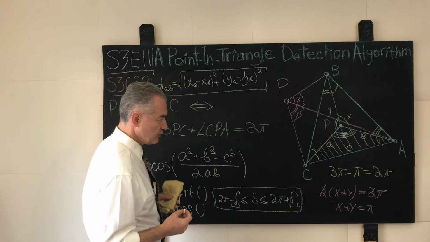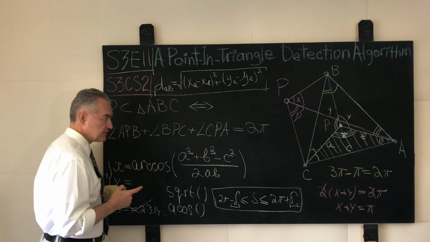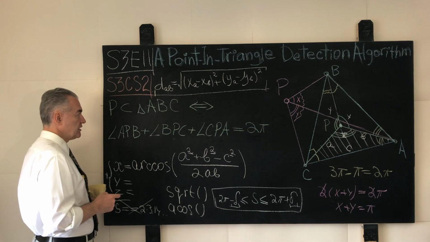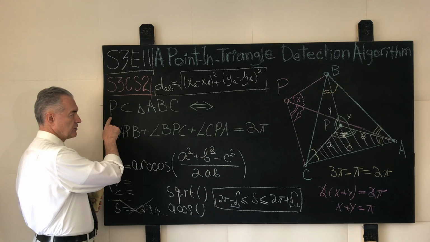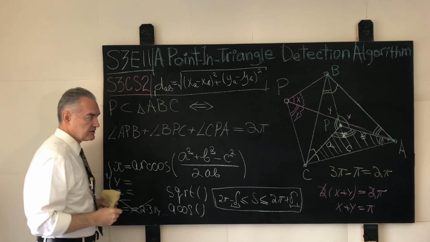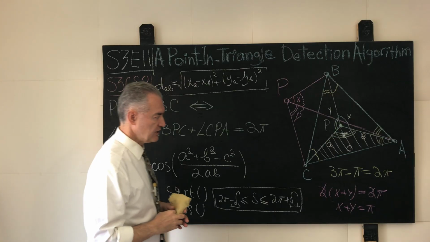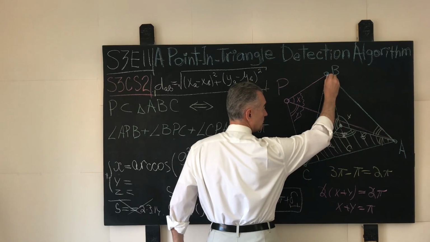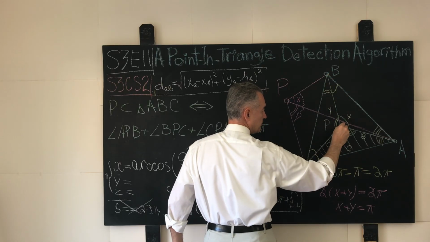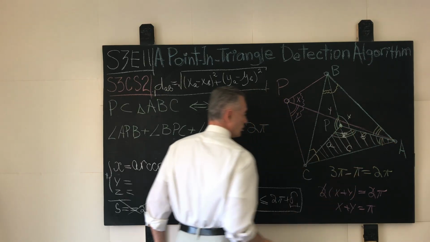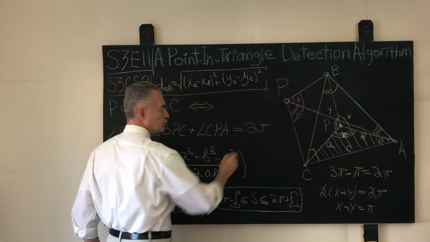Meanwhile, we will observe that for one direction for this theorem, the statement will be as follows. If the point P is located strictly inside of a triangle ABC, then the sum of the angles APB, BPC, and CPA will be precisely 2 pi.